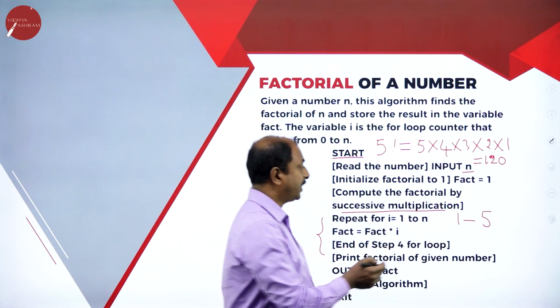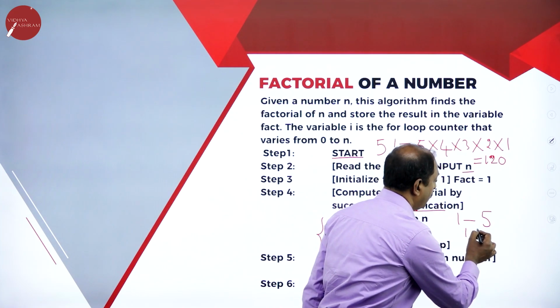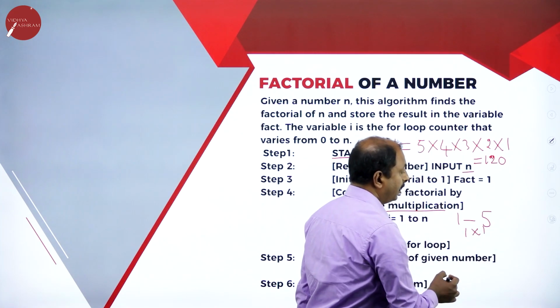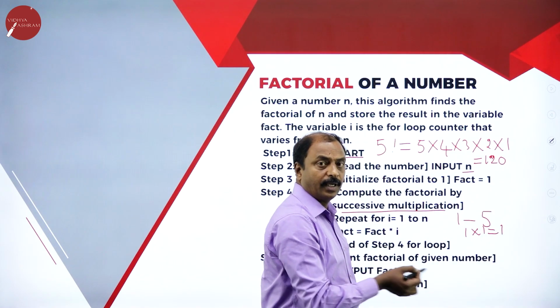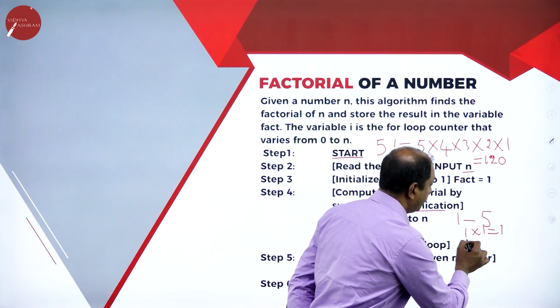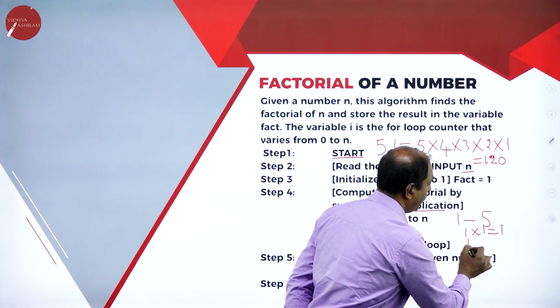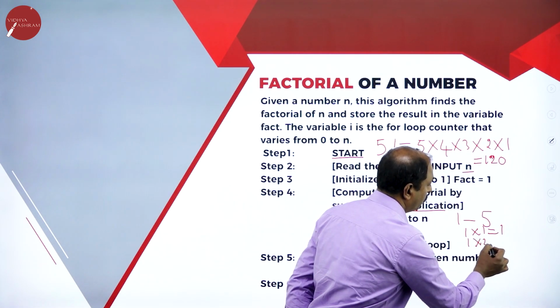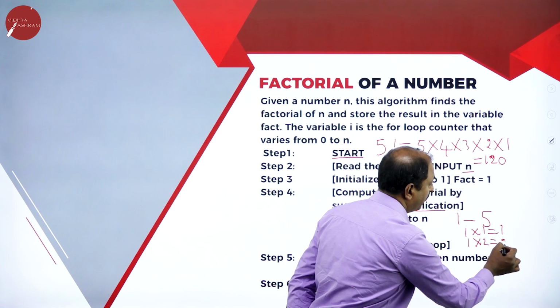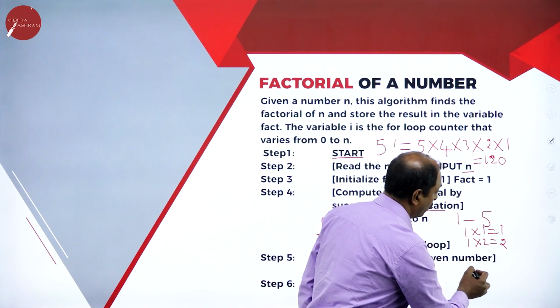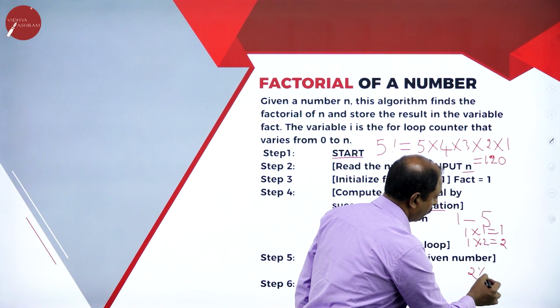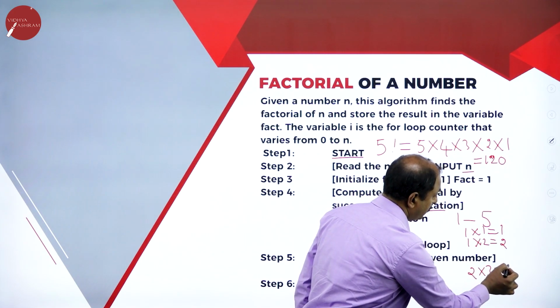The result first time will be 1 into 1, that is equal to 1. Next time we have to repeat this, 1 into 2, that is equal to 2. Now again, next one is this 2 into 3 equal 6.